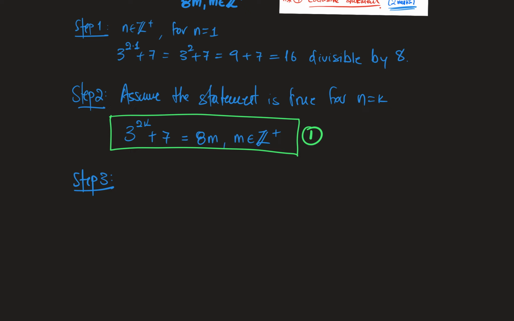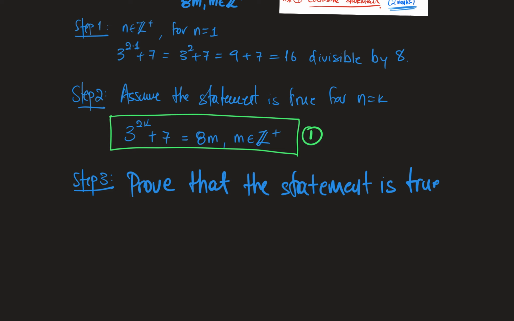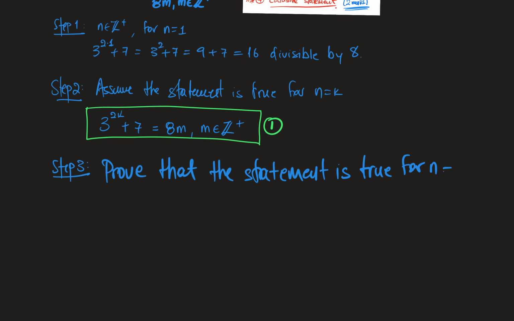Now for step 3, which is the inductive step, we need to prove that the statement is also true for n equal to k plus 1. And that's something that everybody should be able to do.